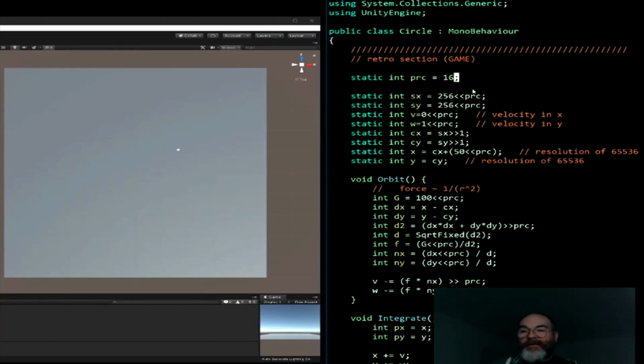What I'm going to do is increase the precision. So if I go to 16.16, which is the kind of precision you would have on the 68000, the 68000 had 32-bit registers. So you could do 32-bit maths on it really easily, even to memory locations. Even though it's a 16-bit bus, it would do 32-bit operations, which is really nice.